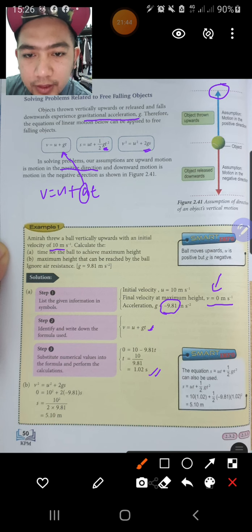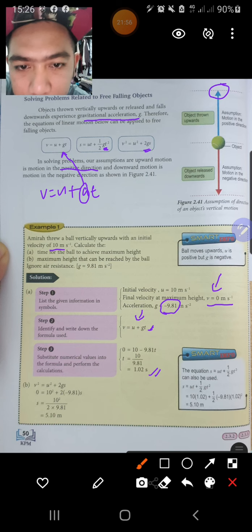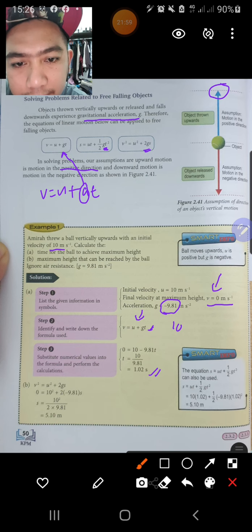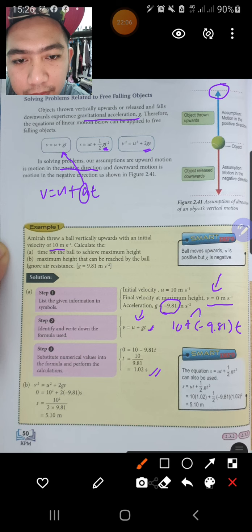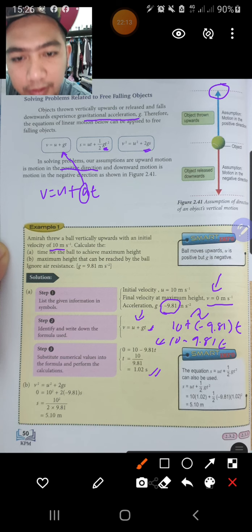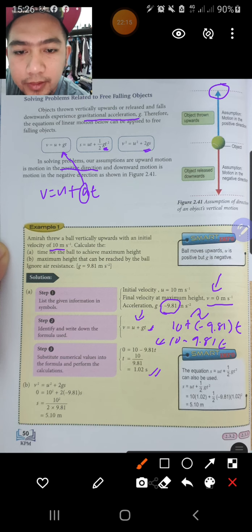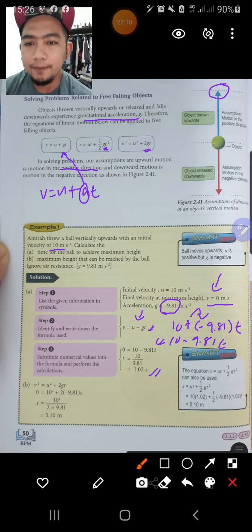So remember here the formula is still plus, but here it becomes negative because when you substitute the value of g it is negative 9.8. Okay, teacher writes 10 plus negative 9.81 times t. So positive with negative becomes negative. Okay, that's why it becomes like this. And then you manipulate, you will get 1.02 second.